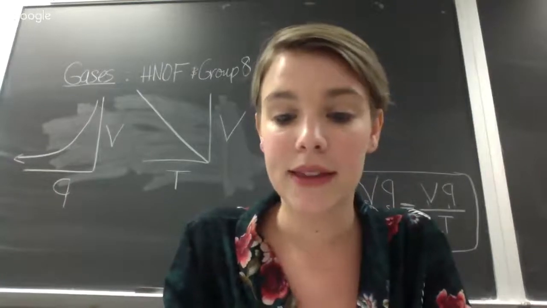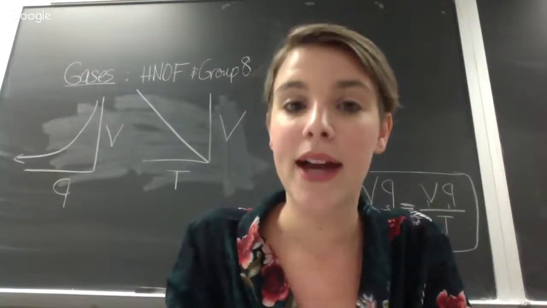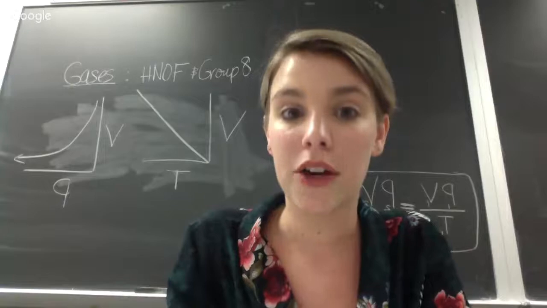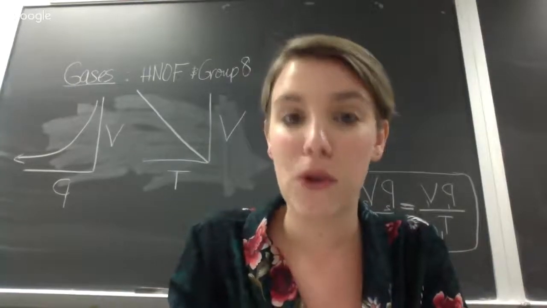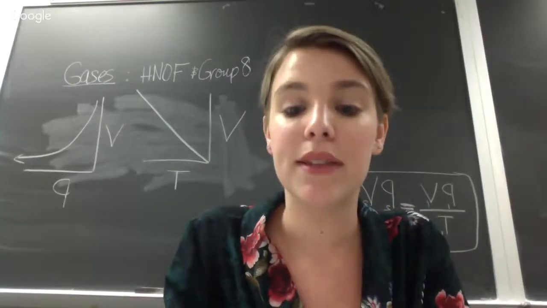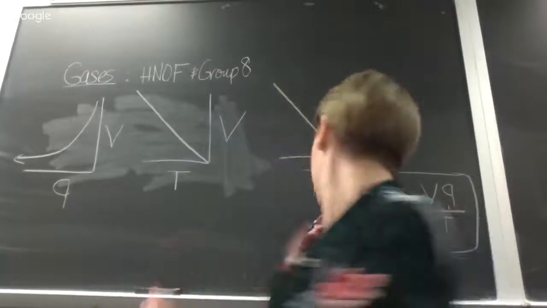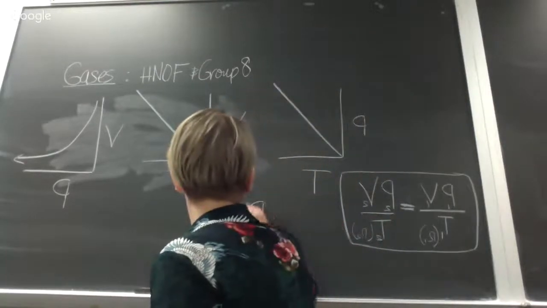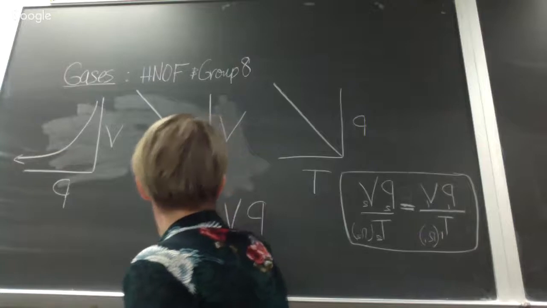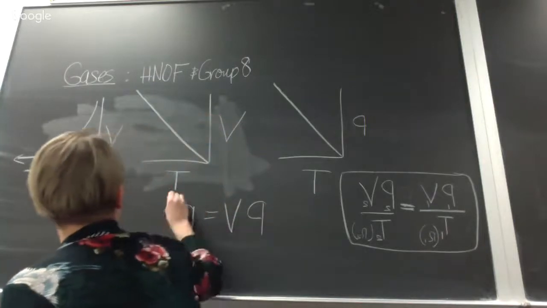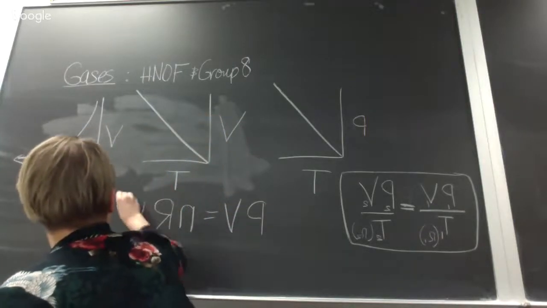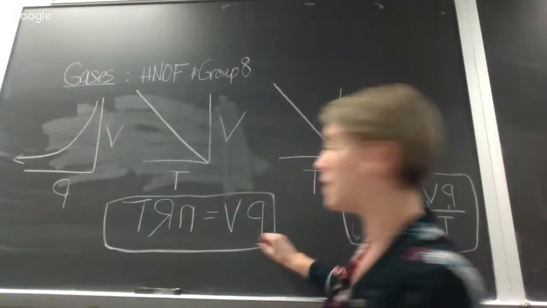So the ideal gas law is pressure times volume equals moles of gas, n, times R times temperature. So that's this right here.